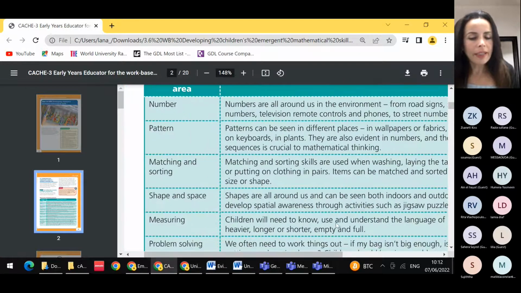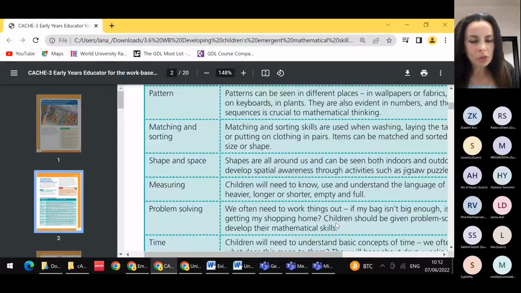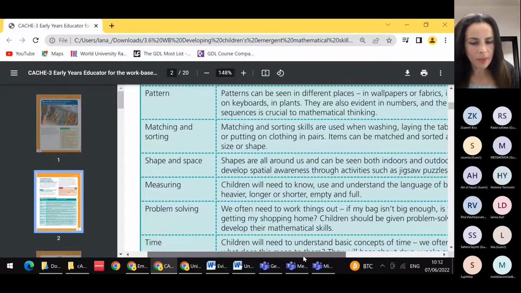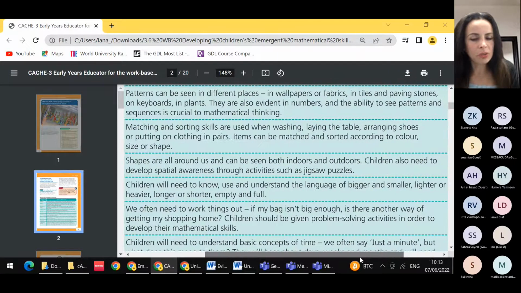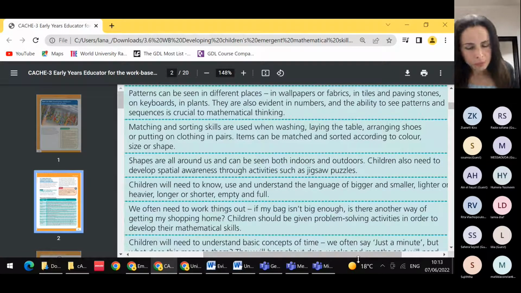Also, matching and sorting. This is all mathematics. What's matching and sorting? Do we know? For example, if you have a table, you put the knives and spoons. You sort them on the table. You put the matching things together.